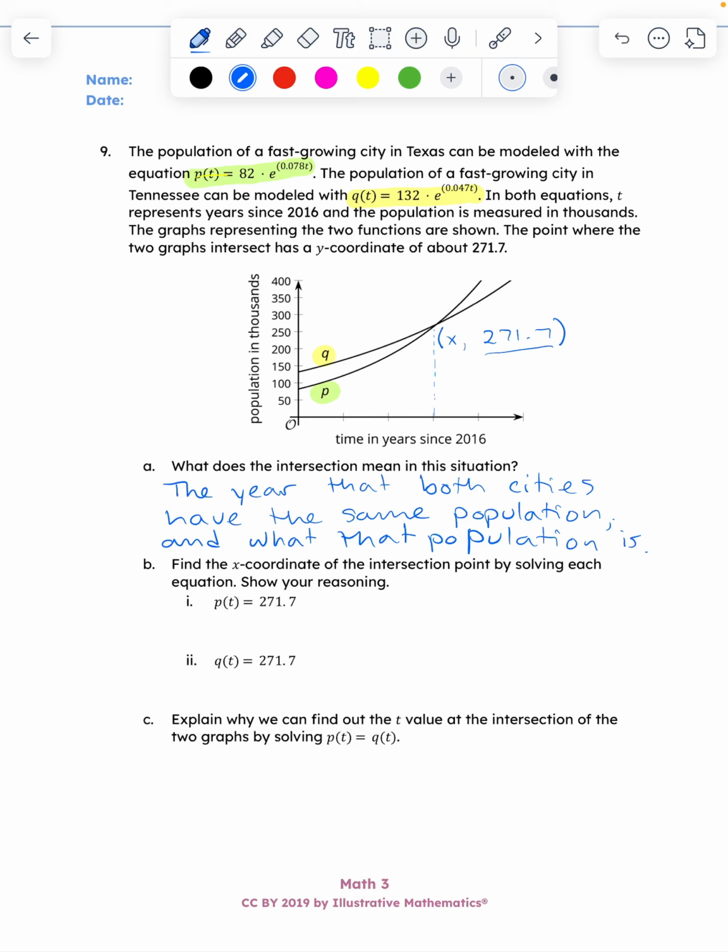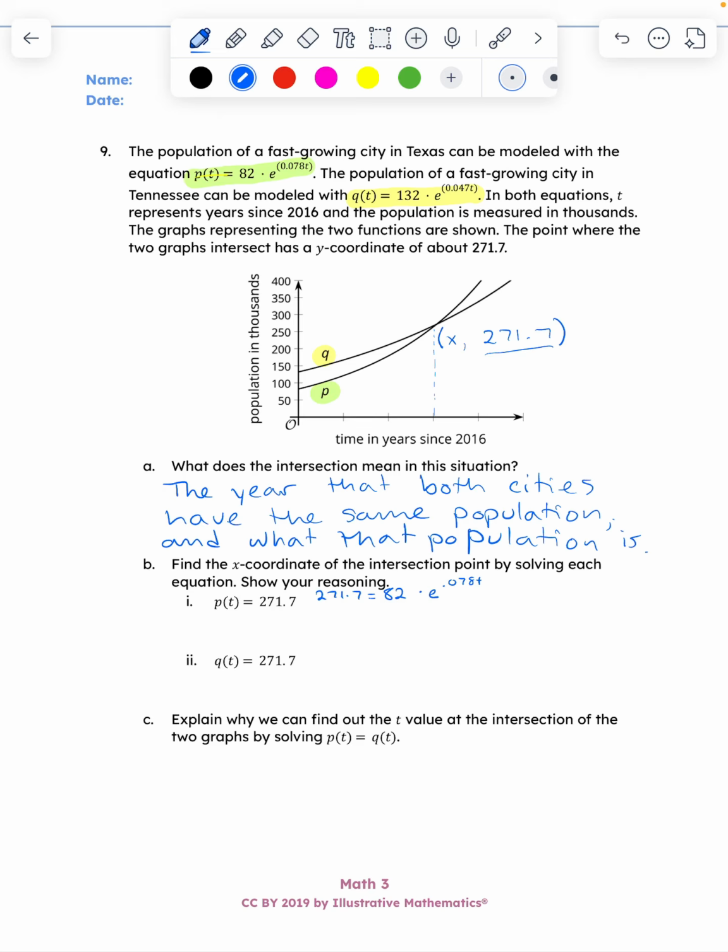We can say 271.7 equals, and this is P, so it's our green equation, 82 times e to the 0.078t. Just a side note, that 0.078 says that this city is growing at a rate of 7.8%.